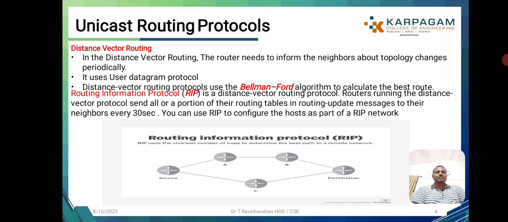Two routes are arranged: the first is A, B to the destination, and the second is C to the destination. The distance vector routing algorithm is used to decide the shortest path for the routing information, finding the route from source to destination.